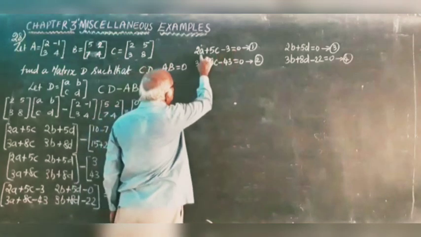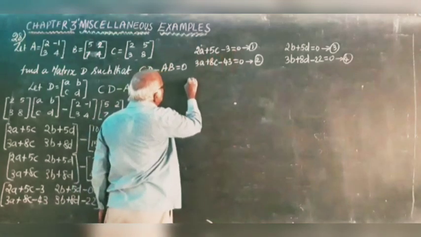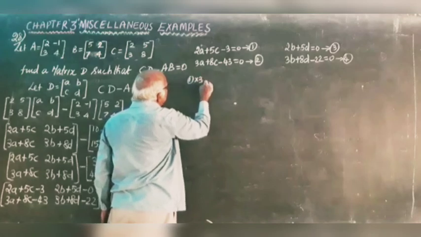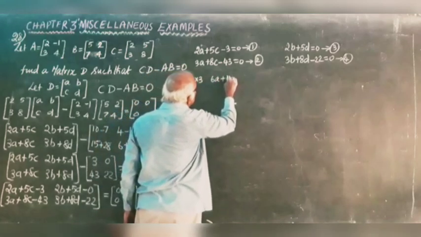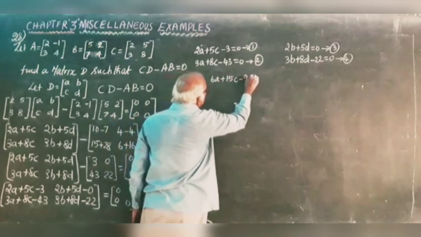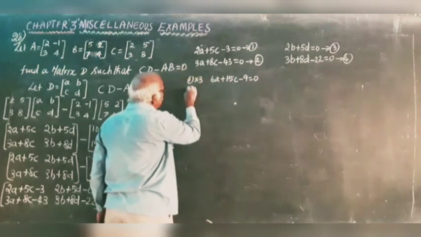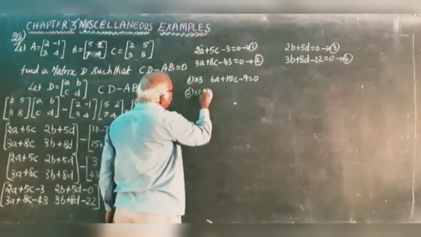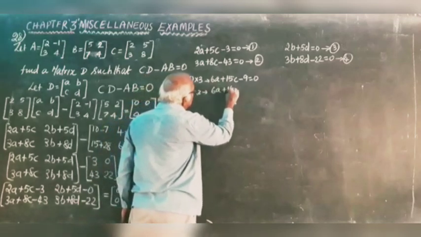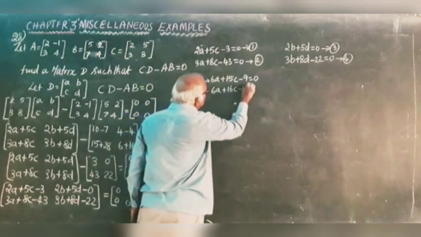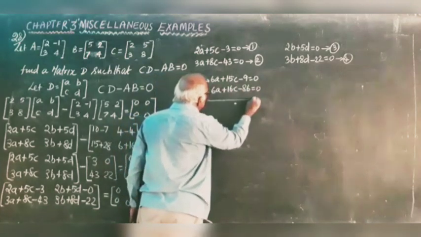Solving 1 and 2 by eliminating a. Equation 1 into 3: 6a plus 15c minus 9 equal to 0. Equation 2 into 2 implies 6a plus 16c minus 86 equal to 0.